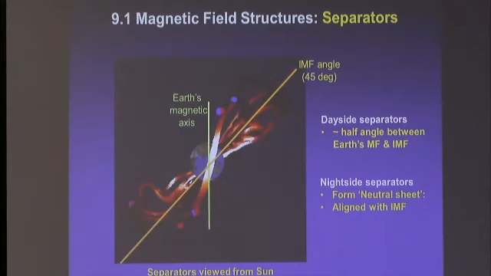So this is basically where the separator is occurring, color-coded again according to E-parallel, so this is the main region of reconnection where basically the IMF is being forced up against the magnetic field of the Earth.